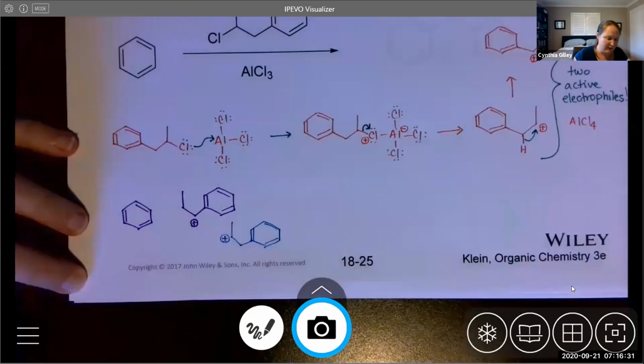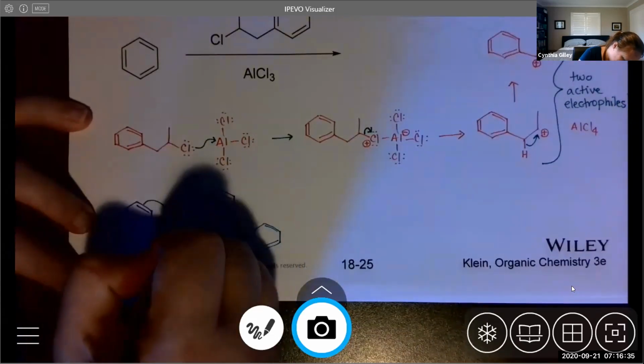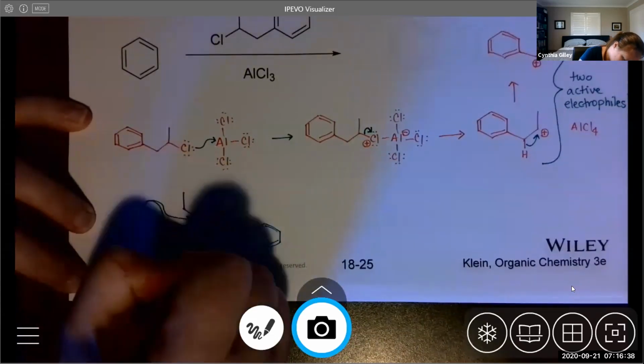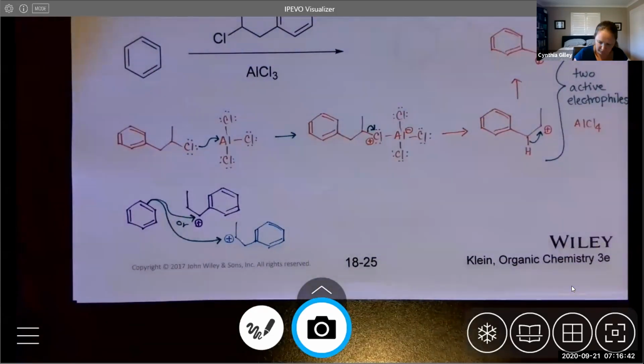Right? Either of those, we could do the nucleophilic attack. This is going to lead to a mixture of products.